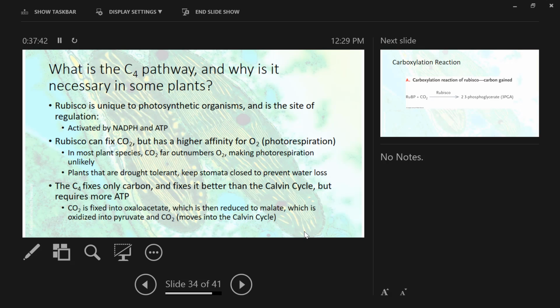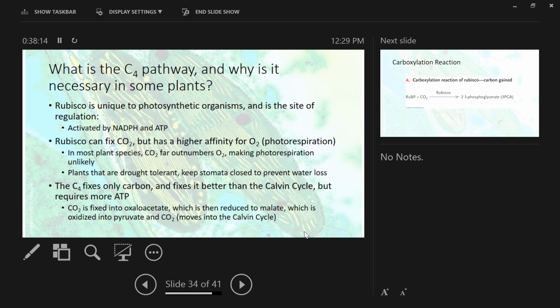And so during the C4 cycle, instead of carbon being attached to RuBP, which immediately breaks down into two molecules of 3-PGA, carbon is fixed onto oxaloacetate, which immediately gets reduced by adding electrons to it into malate. By the way, these molecules are part of the Krebs cycle, and so plants have these readily available, and it can be stored as malate.